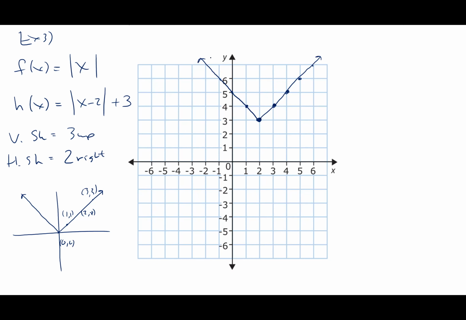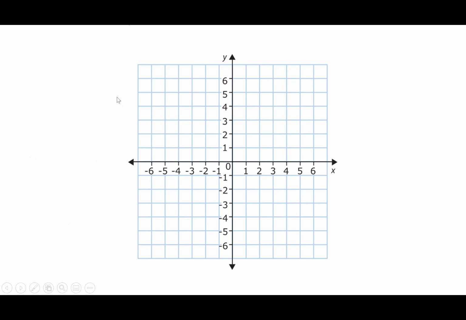Okay, next is one more thing. One more thing we got to do, something called the stretch.